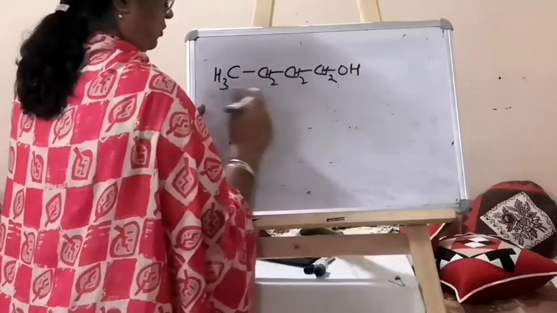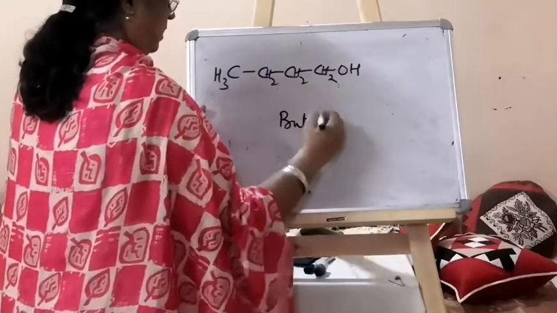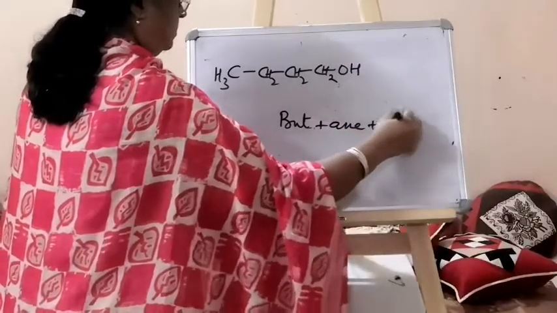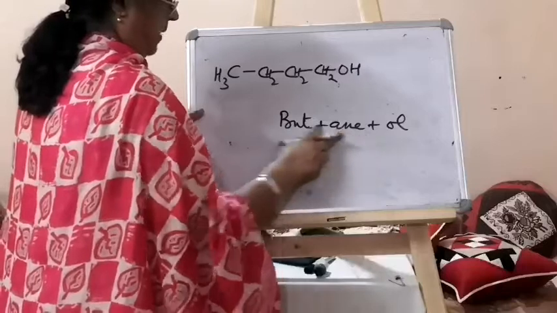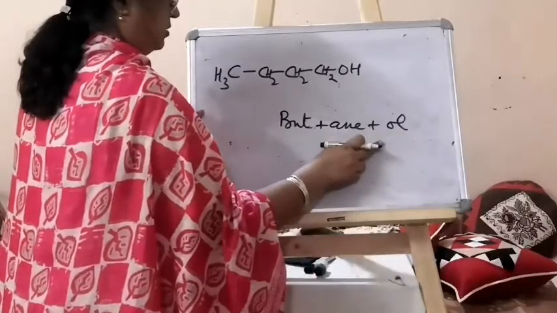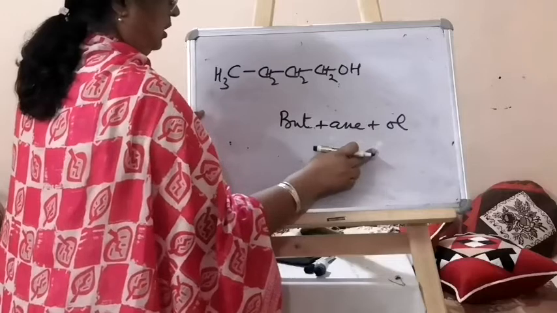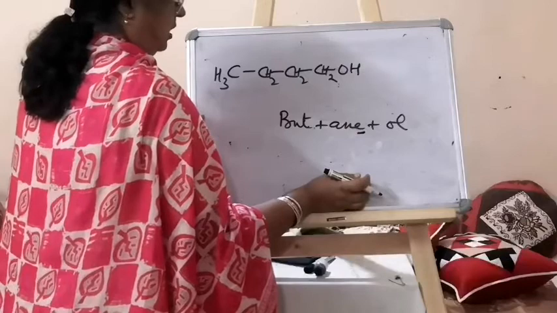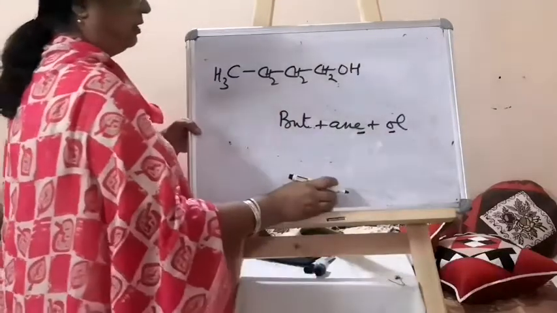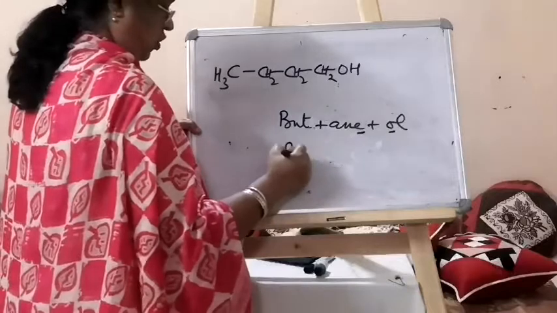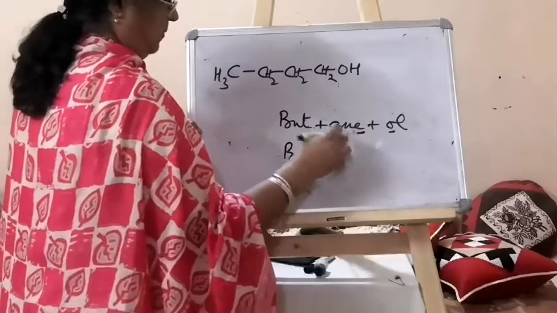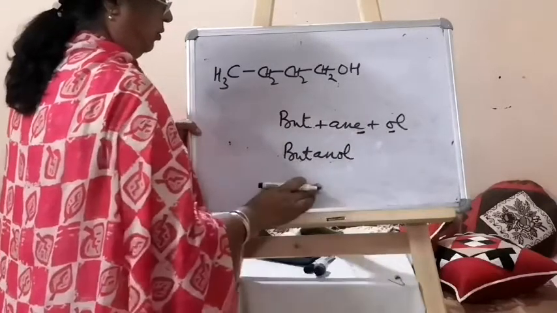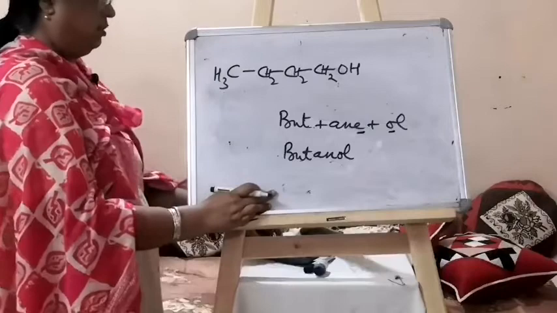But, single bond, N plus N plus OL. Root word, primary suffix, secondary suffix. Okay. So you see here that the primary suffix is ending with a vowel, and the secondary suffix is also starting with a vowel. So when you join them together to write the name, the first vowel will be omitted. So it will become butanol. So remember that.